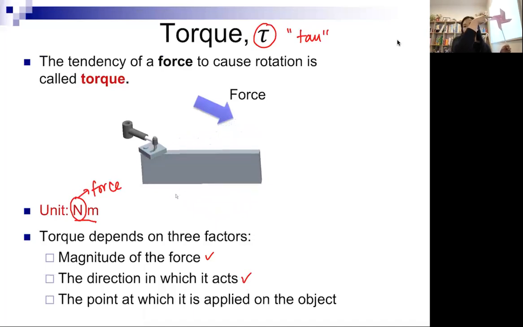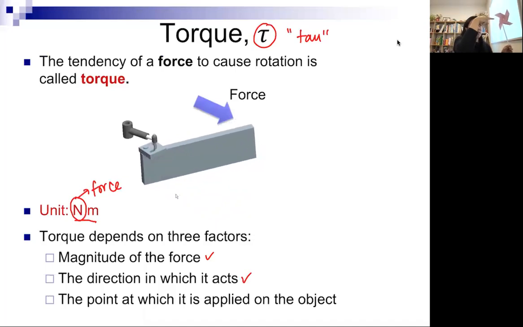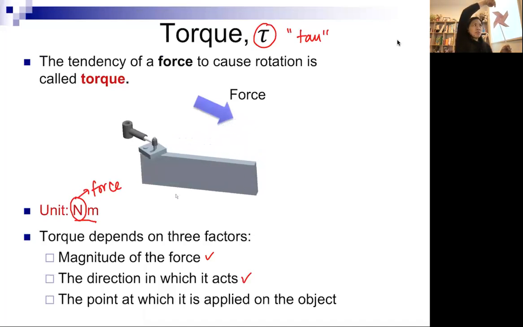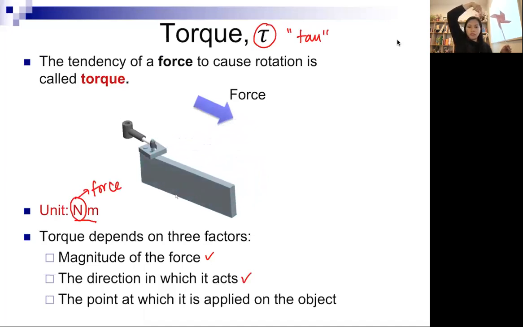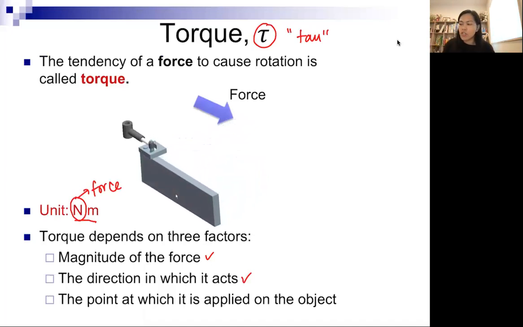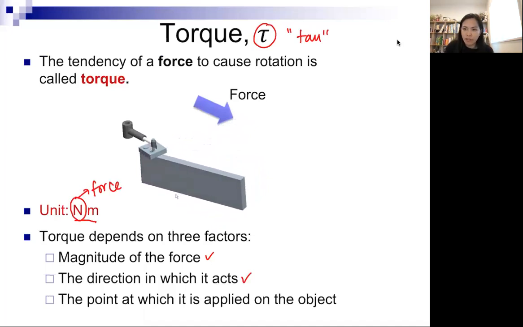But if I push in this direction, yeah, it won't rotate. As opposed to when I push directly downwards, like so. So the point at which the force is applied also affects the torque and therefore the rotation of the object, right?